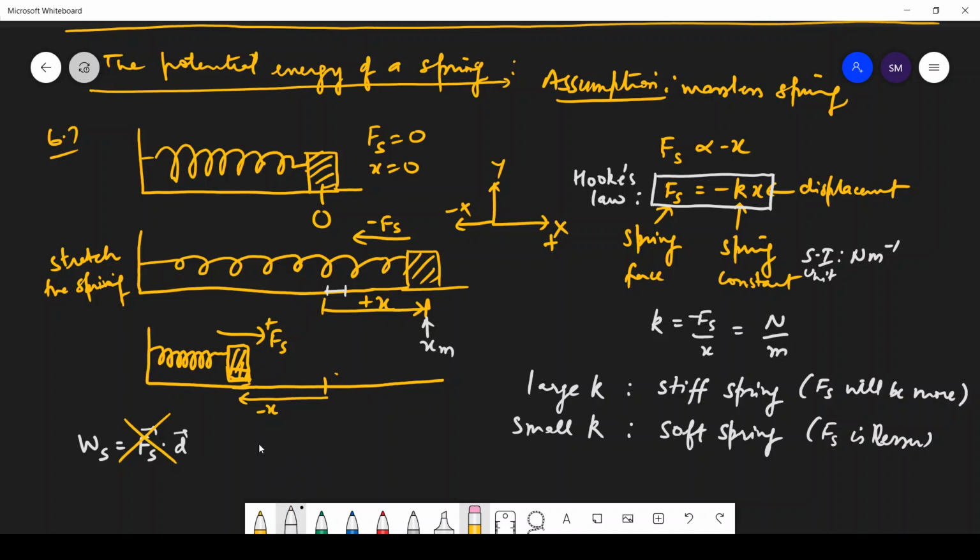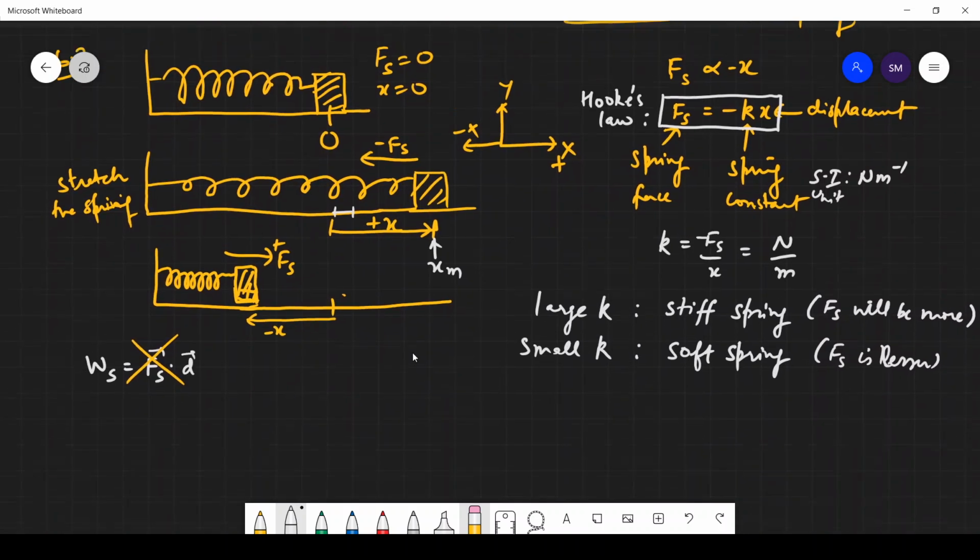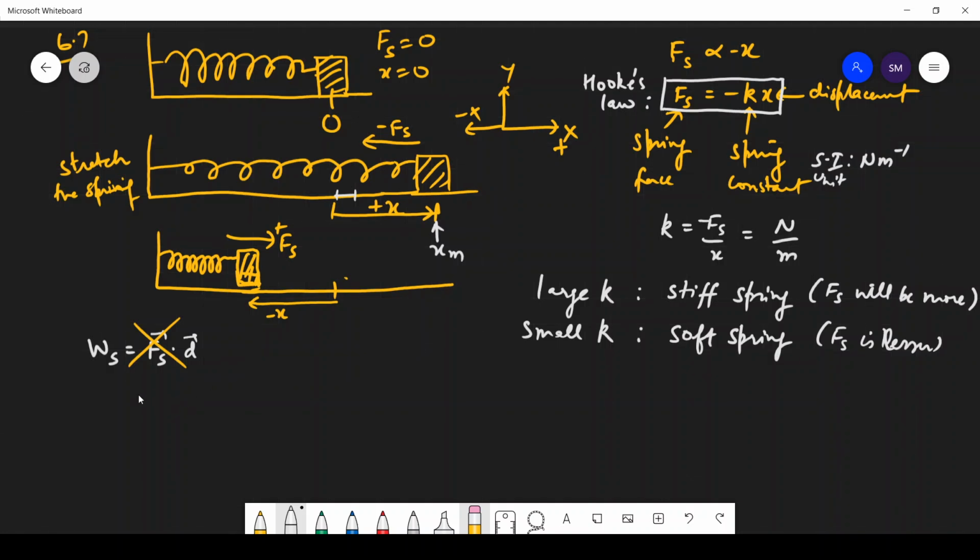So we need to use the formula of the work done by a variable force. So the formula is Ws equals integral of Fs dot dx, right?